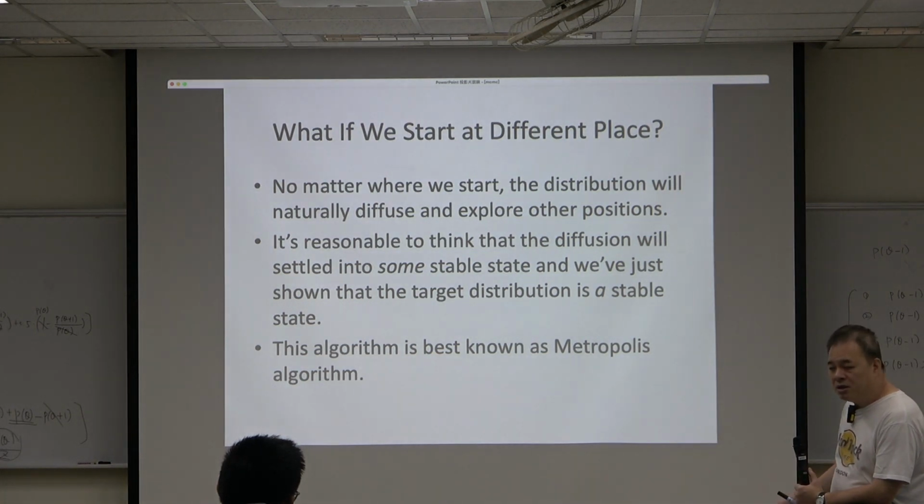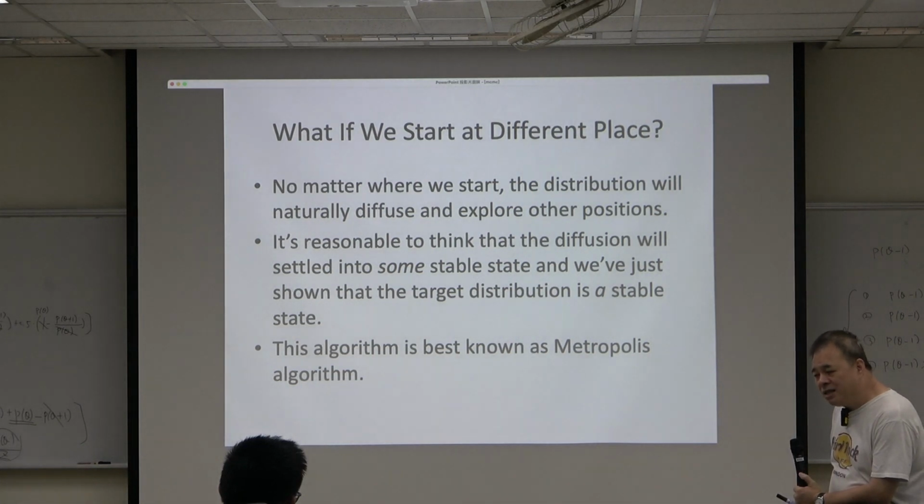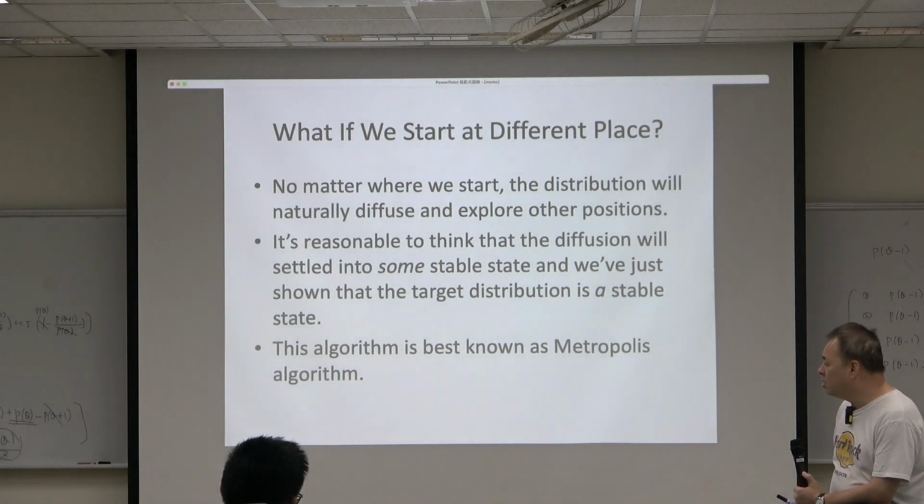Why is it called the Metropolis algorithm? Metropolis refers to the author of the paper that proposed this algorithm, actually the first author. His last name happened to be Metropolis.